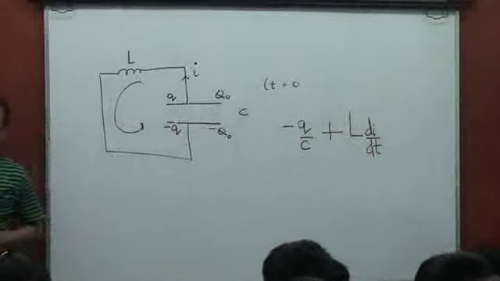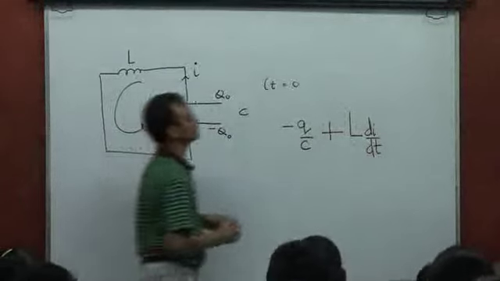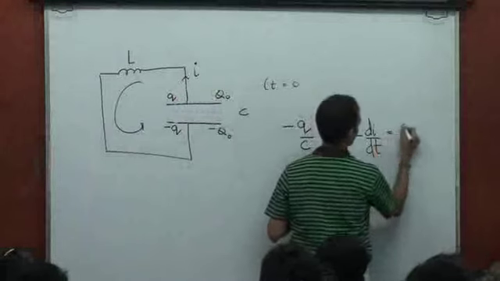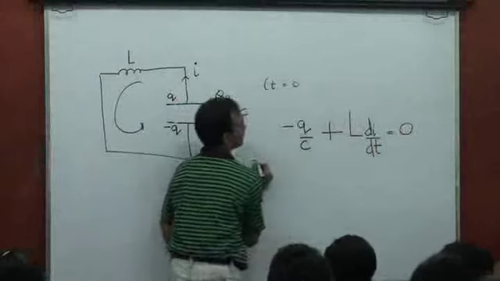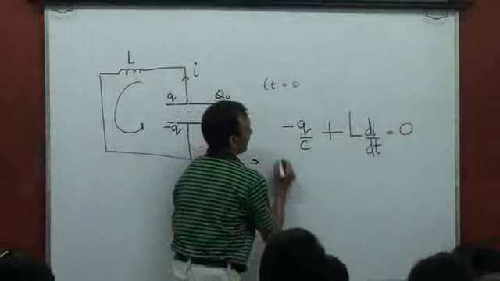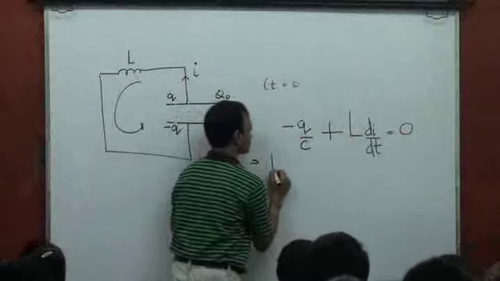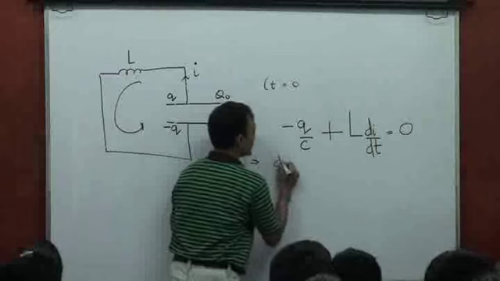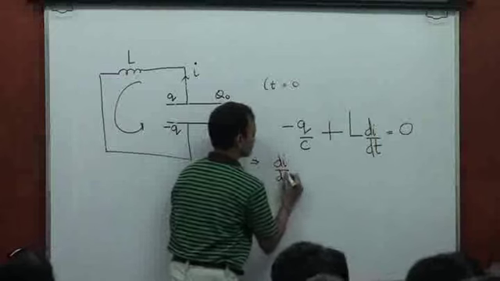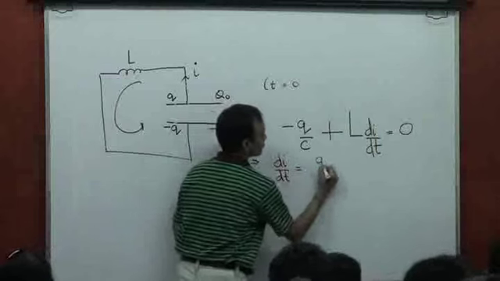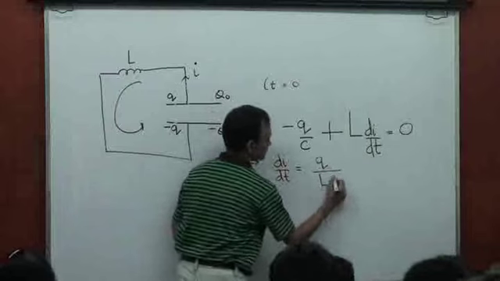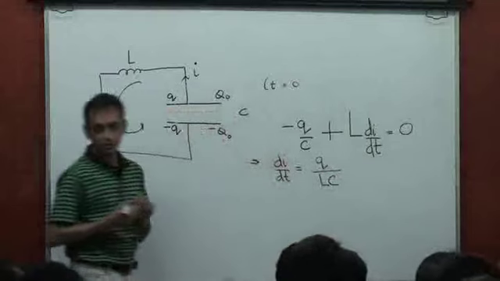And this must add up to 0. Or we have di dt equals Q by LC.